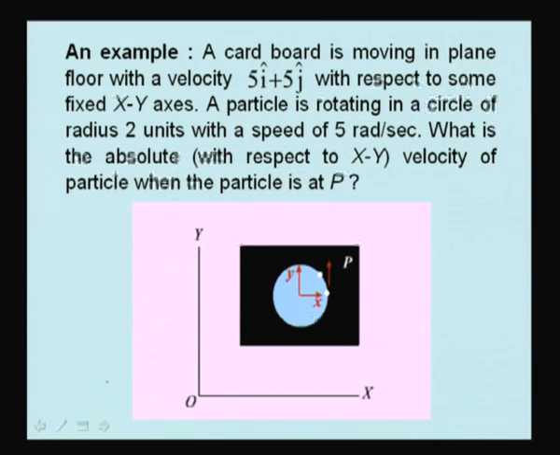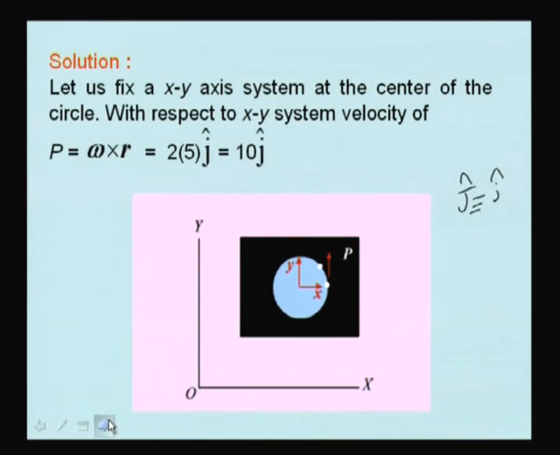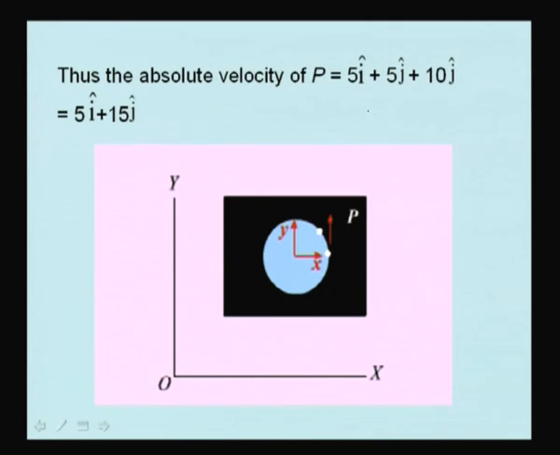That means the reference frame which is attached to the cardboard has the velocity 5i plus 5j. Therefore, the absolute velocity of P is 5i plus 5j plus 10j, that is equal to 5i plus 15j.